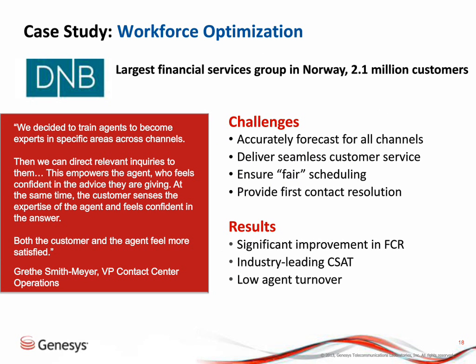And it often turns an unhappy customer into a delighted customer. And so what they did is that they trained agents to become experts in specific areas across channels and empowered their agents. Both the customer and the agent feel more satisfied, and they're seeing lower agent turnover than they had previously.